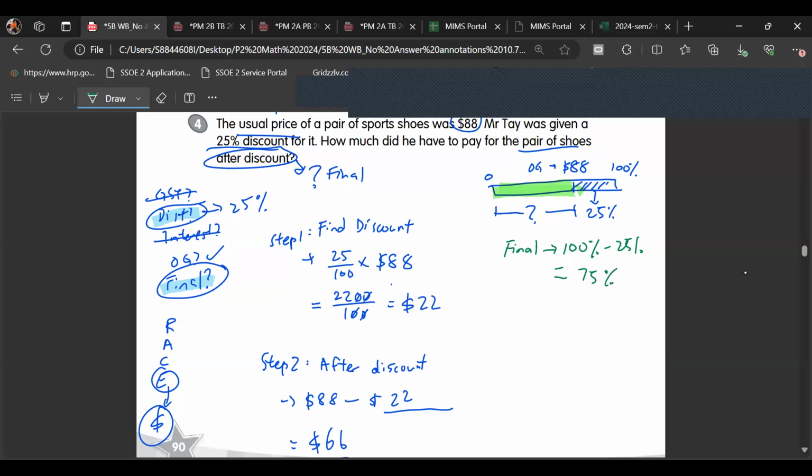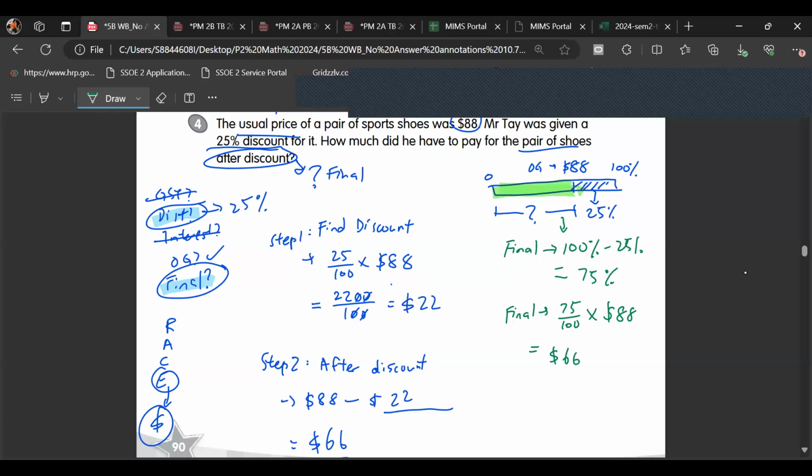Then from here, I can find very quickly 75% of $88, which will give me 66. You see it's still two steps, but because of the model, I'm able to figure out that the final price is 75%.